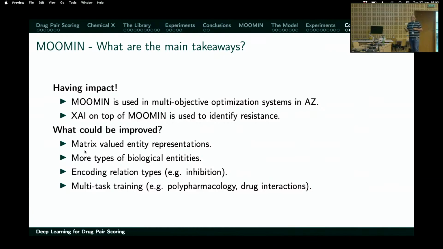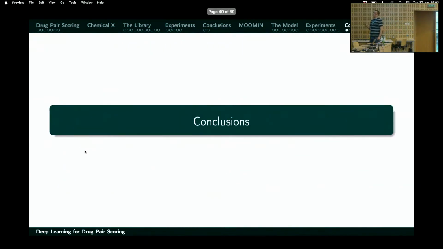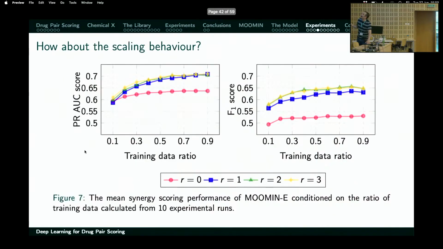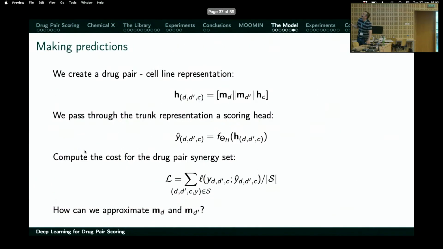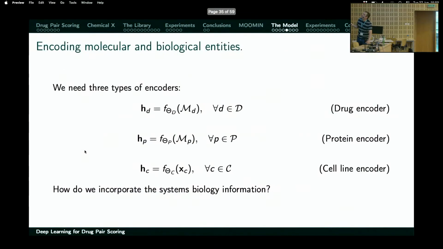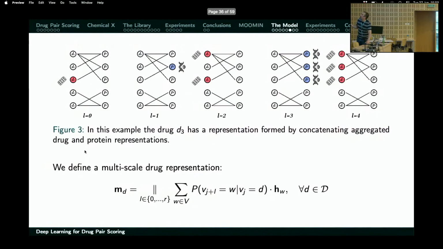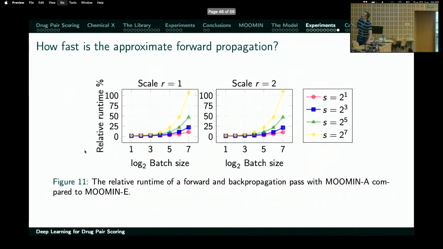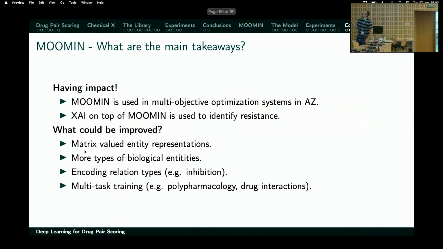So in this model, if you think about it, let me go back. The entity representations that we created are vector valued, and that could be replaced. You could, for example, have a representation that is matrix valued, for each of the atoms that you have. We operate on 2 types of biological entities, drugs and proteins, but that can be extended.